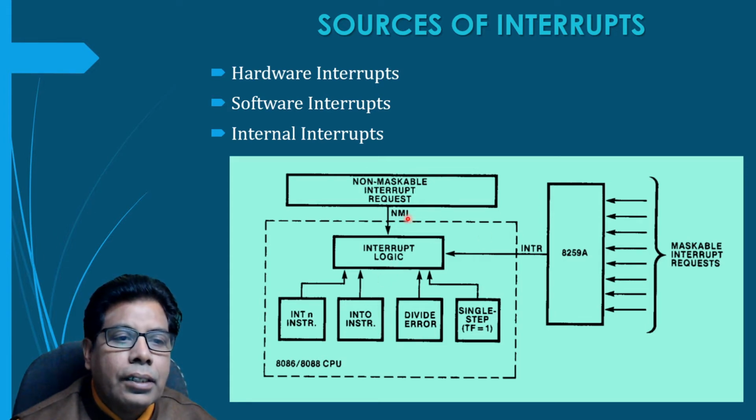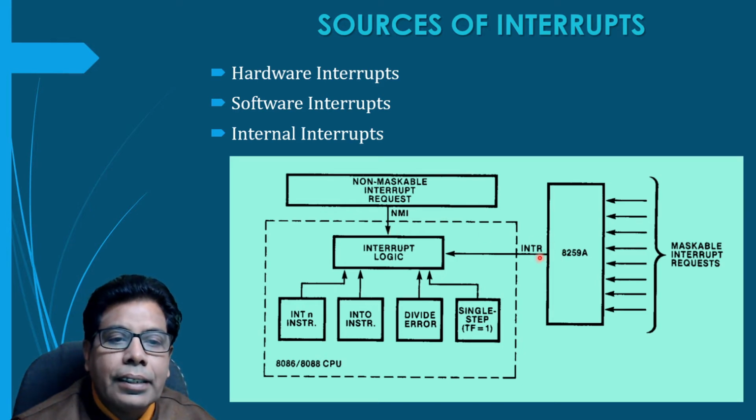This NMI, non-maskable interrupt request, is external to the 8086 or 8088 processor. So it is called an external or hardware interrupt because it comes from a pin of the 8086.